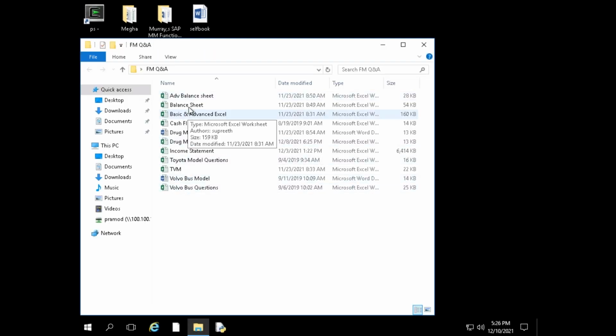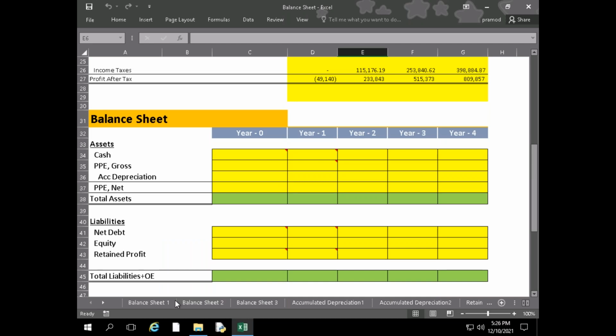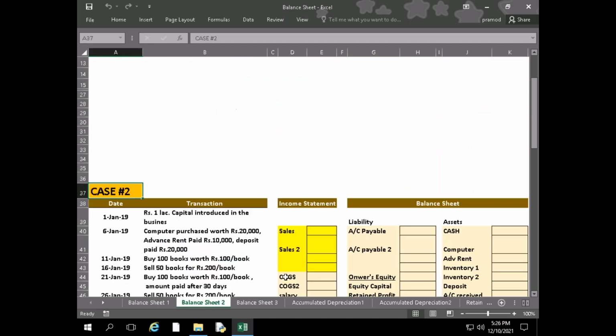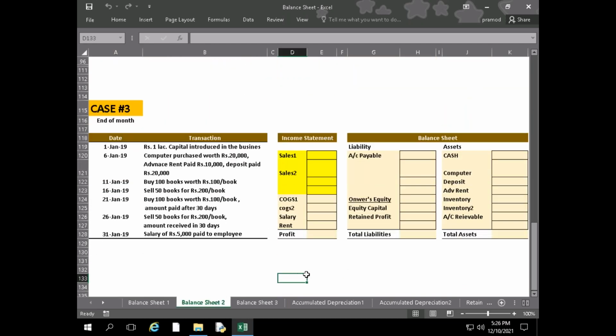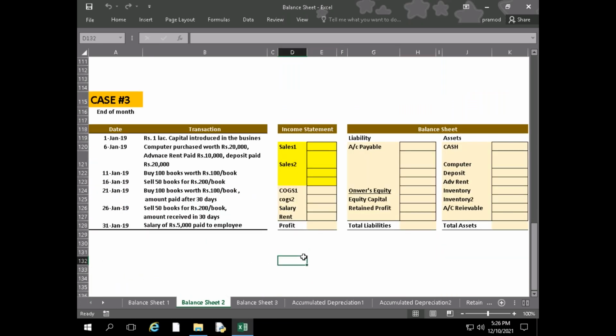Do you have two doubts? Balance sheet 2, okay. Case 3. What doubt do you have here? Sir, here only one doubt.